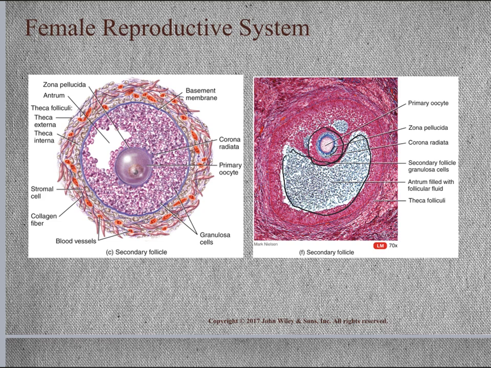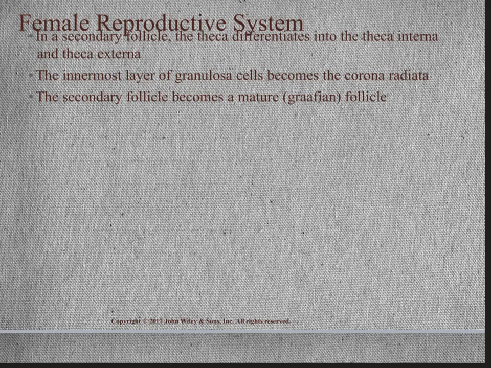Again, we have our thecal folliculi surrounding all our different cells. Now, a key difference in the secondary follicle is that the theca differentiates into the theca interna and the theca externa. The innermost layer of granulosal cells becomes the corona radiata, this radiating protective crown.